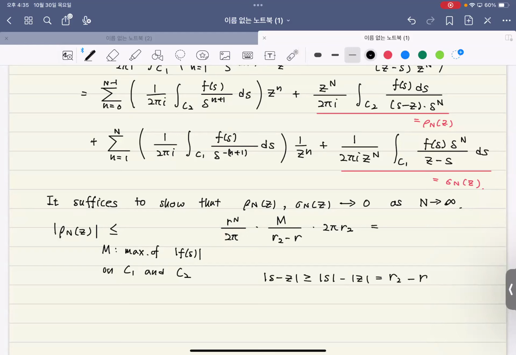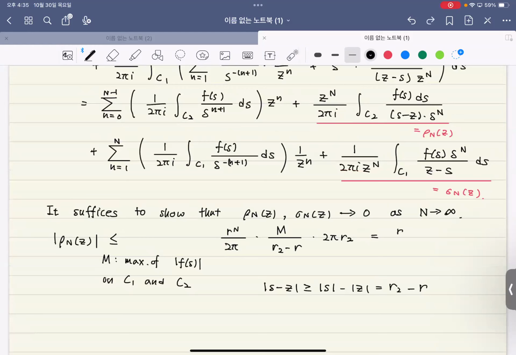So I have R. Oh, something is missing here. Sorry, I just messed this up. So this is s, and s is a point on the circle of radius R2, so this is R2.